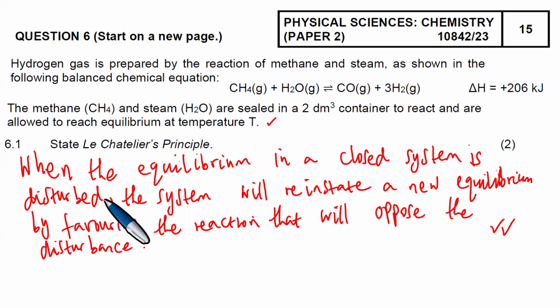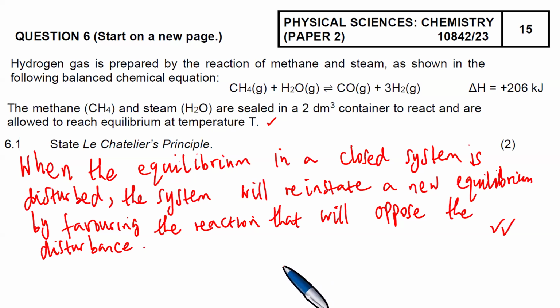We repeat the Le Chatelier's principle in words. When the equilibrium in a closed system is disturbed, the system will reinstate a new equilibrium by favoring the reaction that will oppose the disturbance. Pay attention.